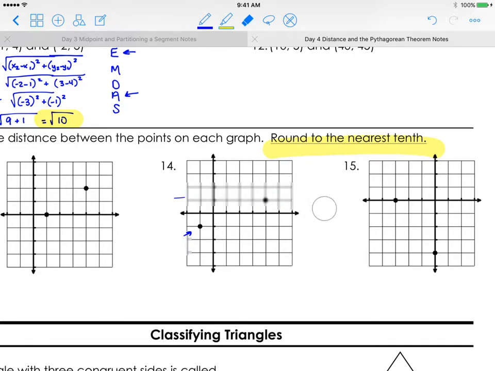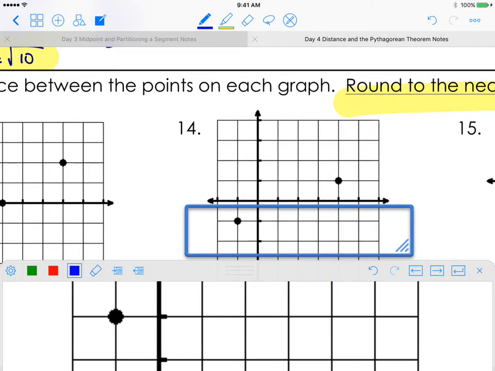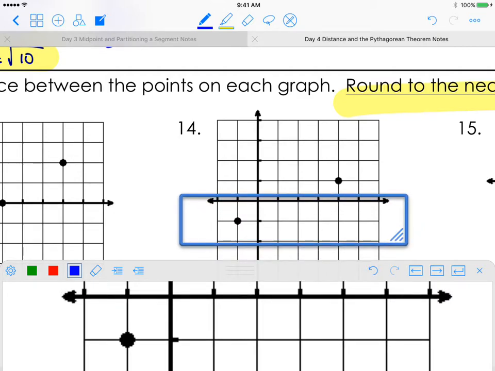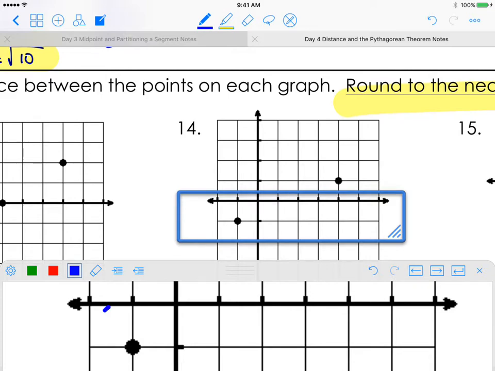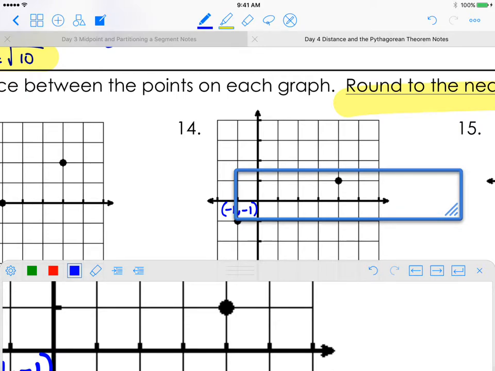We read graphs left to right. The order won't really affect it here because it'll kind of work its way out. But the better habit we get into, the more successful we'll be for Algebra 2. Okay, so this point looks like -1, -1, where this point is 4, 1.